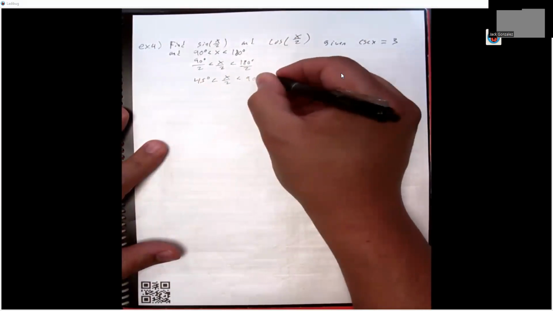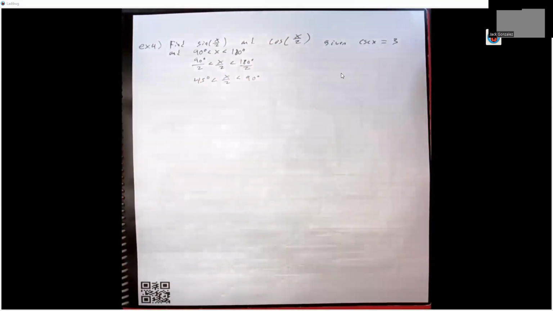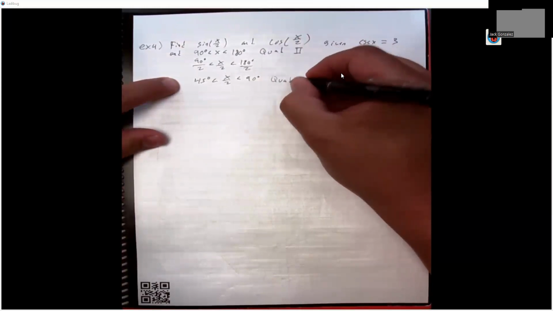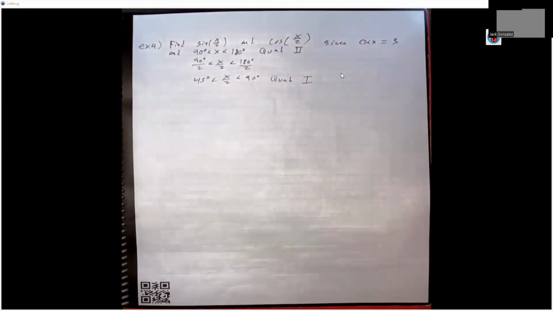Where's the half angle at? 45 to 90 is the first quadrant, right? Okay. So we need all that information to use the appropriate formula.